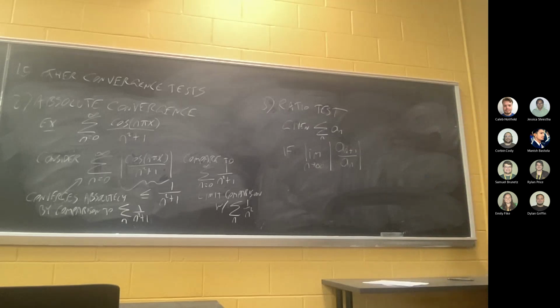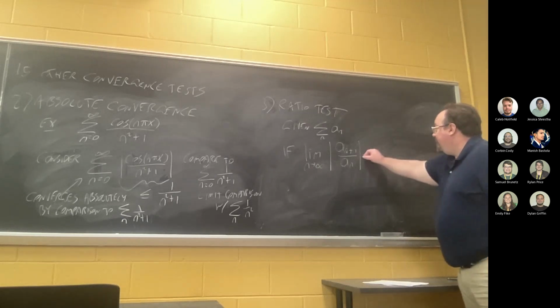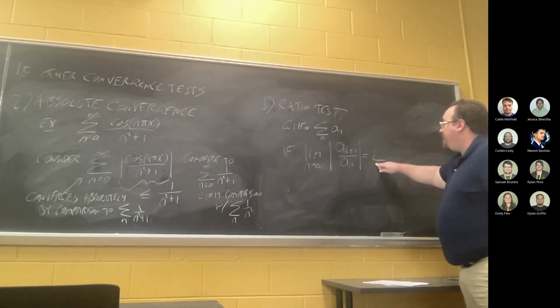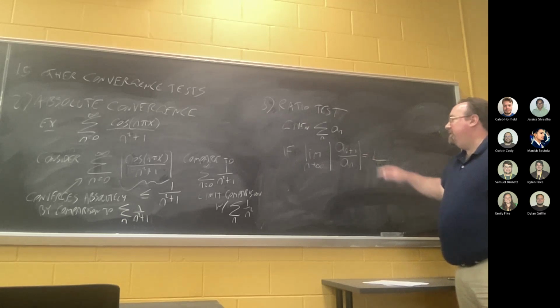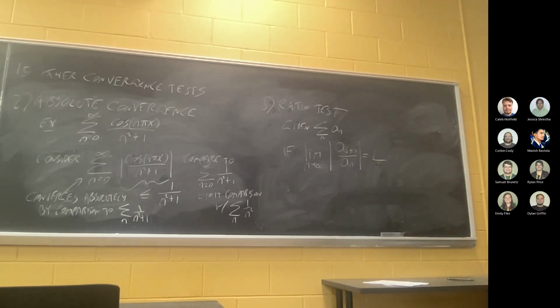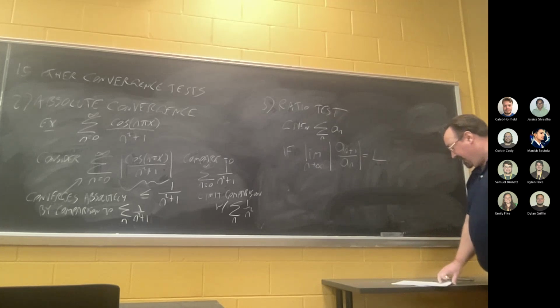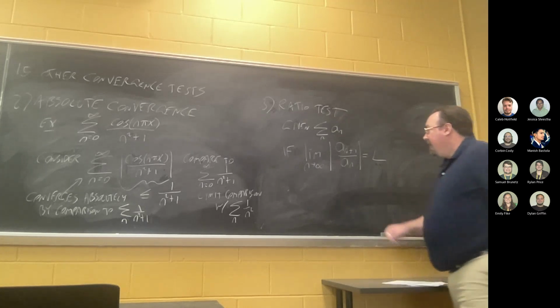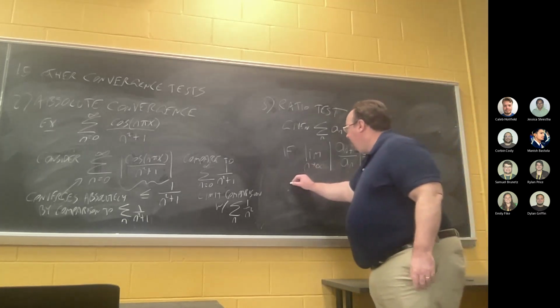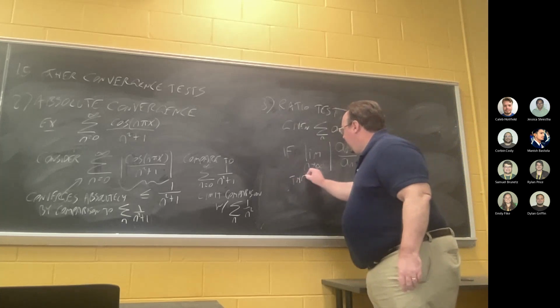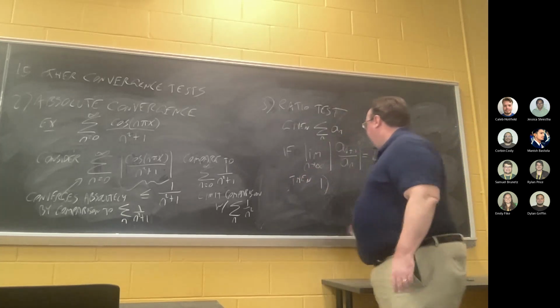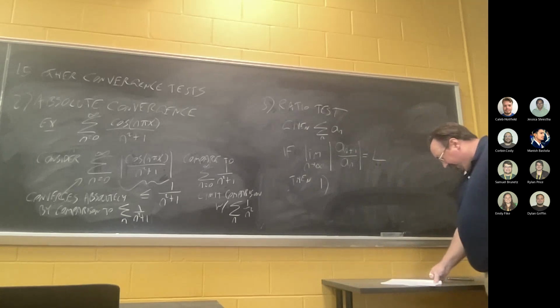So you're taking two consecutive terms, looking at their ratio. And if there is a limit at all, this could tell you something about how the series behaves. Now, there are three cases.